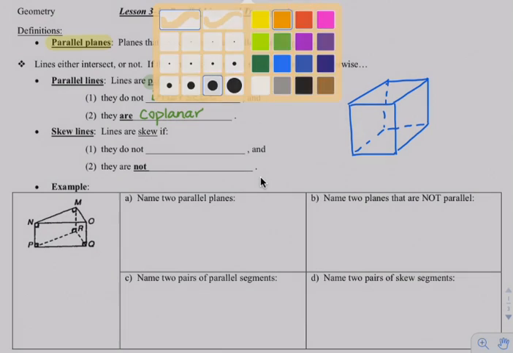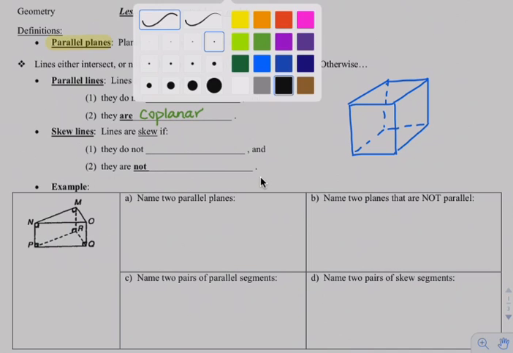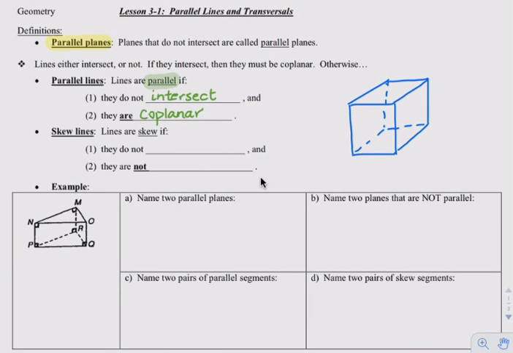Now there's another term which you may or may not be familiar with, and that's skew. Lines that are skew also do not intersect. Students are not as familiar with skew lines, but here's an example of skew lines. Because skew lines are not coplanar, you've got to make sure you pick two lines that don't intersect but are also not in the same plane.